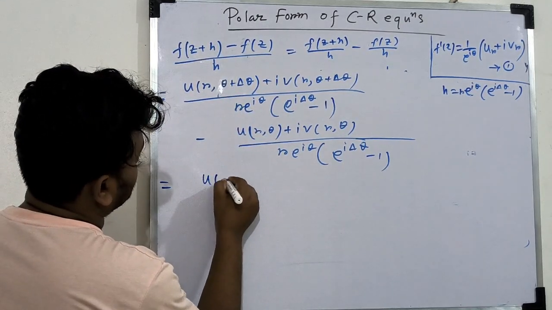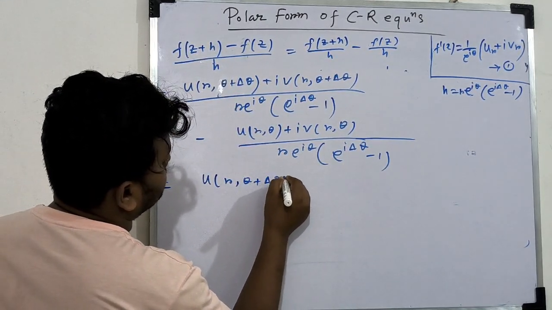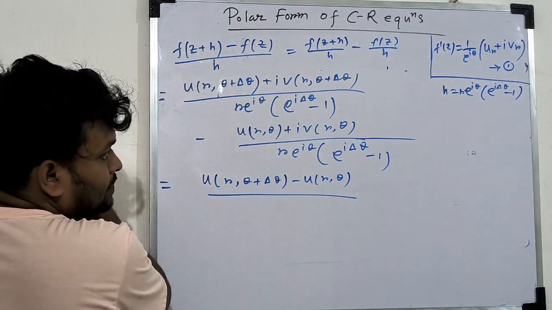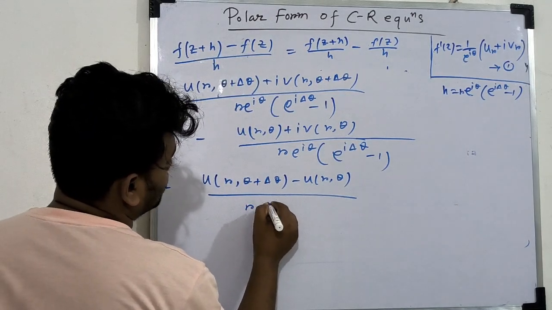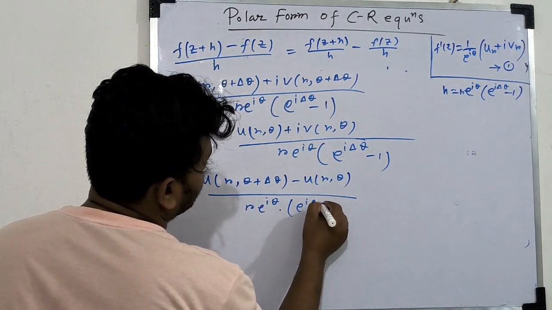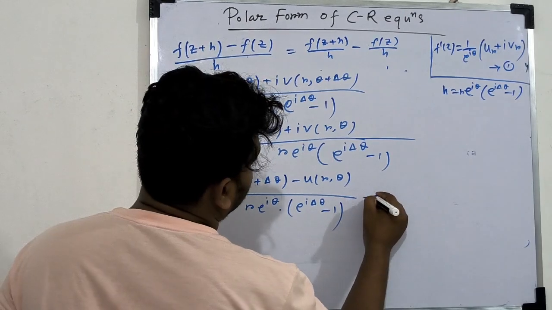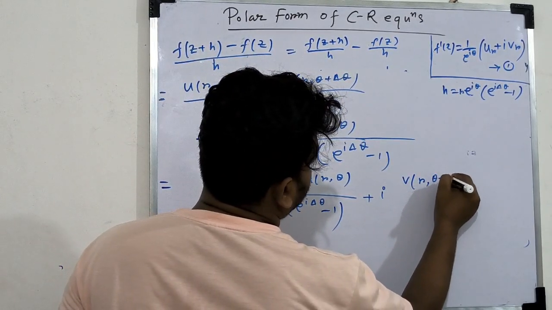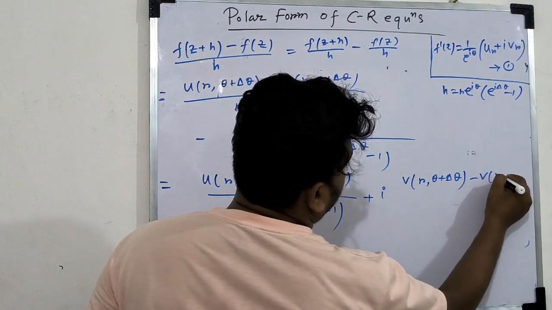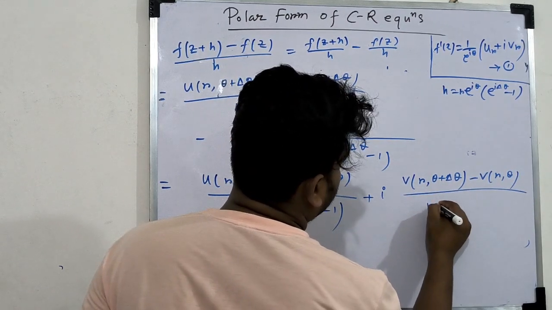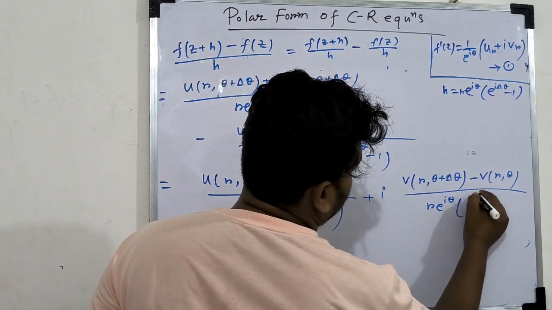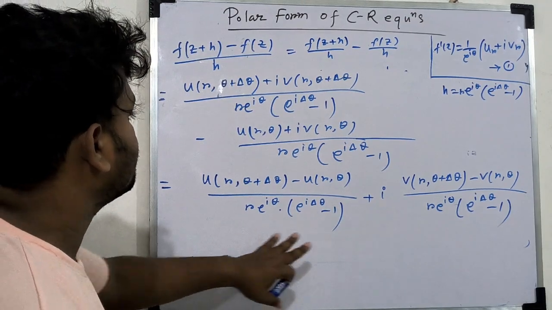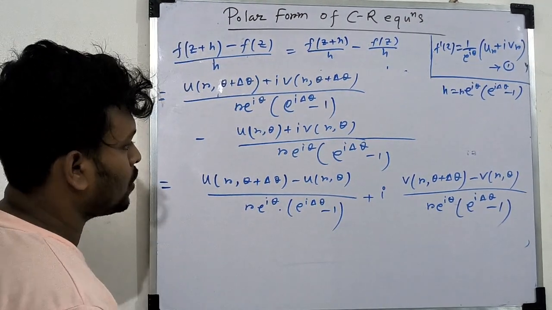So write u(r, theta plus del theta) minus u(r, theta) divided by this whole term, r e to the power i theta into (e to the power i del theta minus 1), and here i times v(r, theta plus del theta) minus v(r, theta) divided by r e to the power i theta into (e to the power i del theta minus 1). So up to this is the same, but now where is the problem?